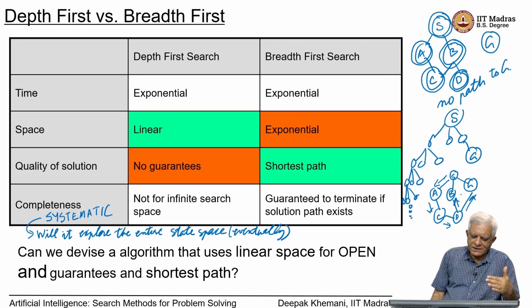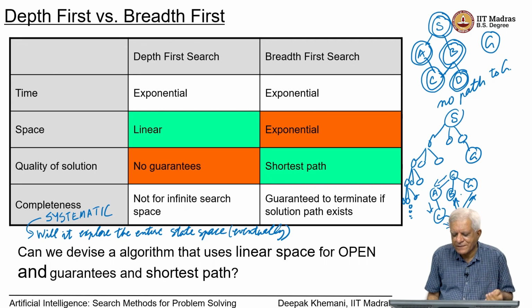So, that is a third property, quality of solution. Breadth first search guarantees the shortest path. Depth first search, as this example shows, will not find the shortest path. In the case of infinite search spaces, if there is no path to the goal, then both will go into an infinite loop, because they will keep searching.